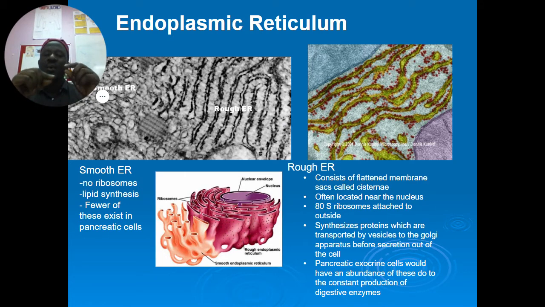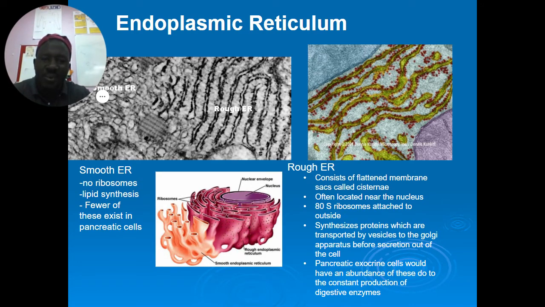Whenever you see ribosomes attached, the first primary role is protein synthesis, assembling different amino acids to form a protein. So what does the rough endoplasmic reticulum do?